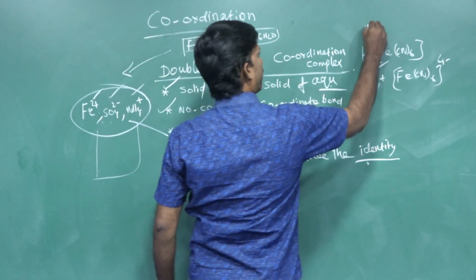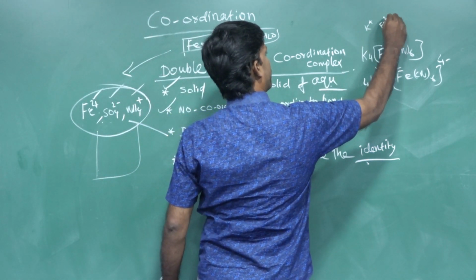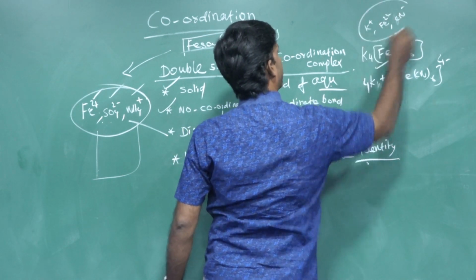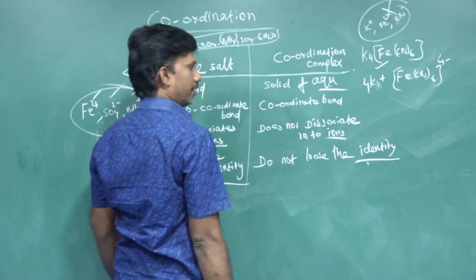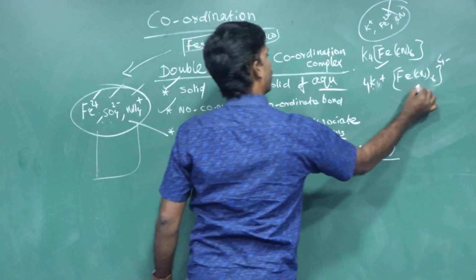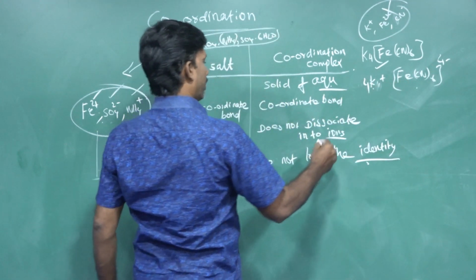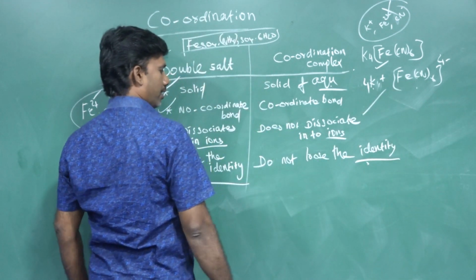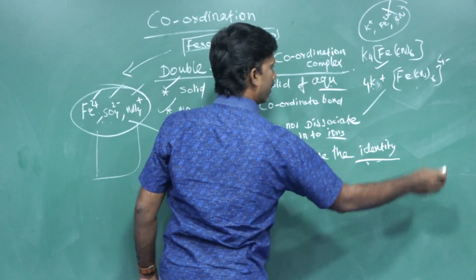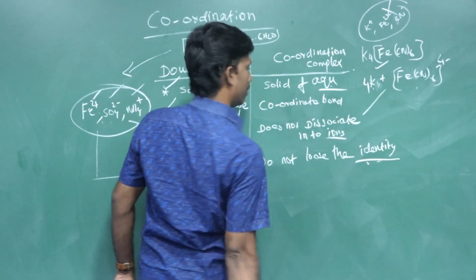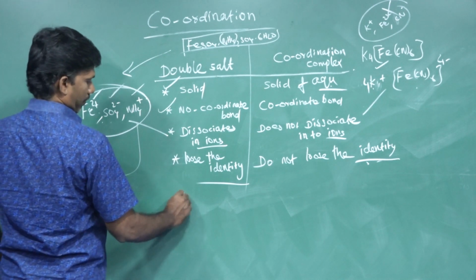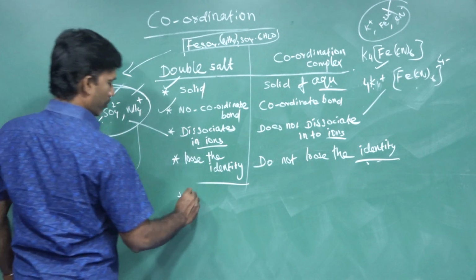You cannot expect K+, Fe2+, and CN-; these will not be formed. Only K+ and the complex ion are formed. That's why it does not dissociate into constituent ions and does not lose its identity. Then one more point we can take: in a double salt, the two salts should always be equimolar.